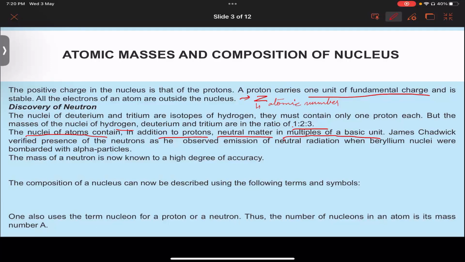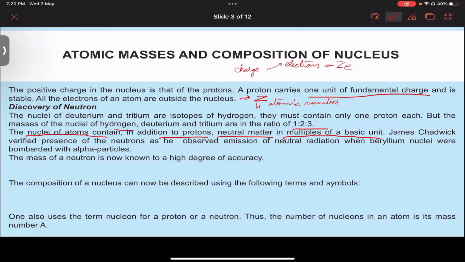So Z is actually the number of both protons and electrons, and the charge of the electrons can be written as minus Ze.